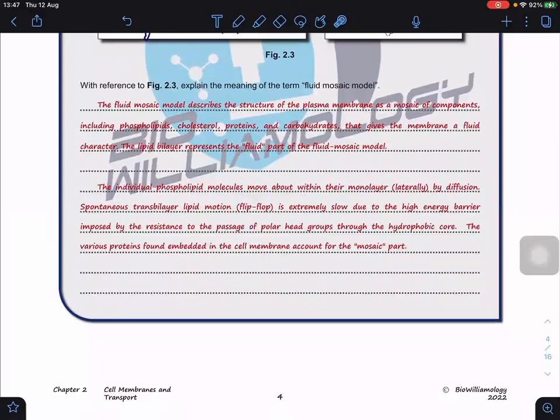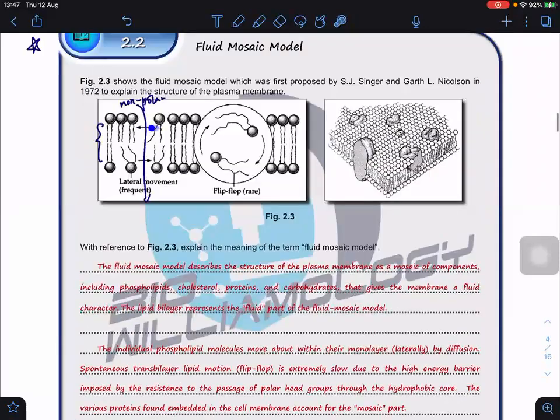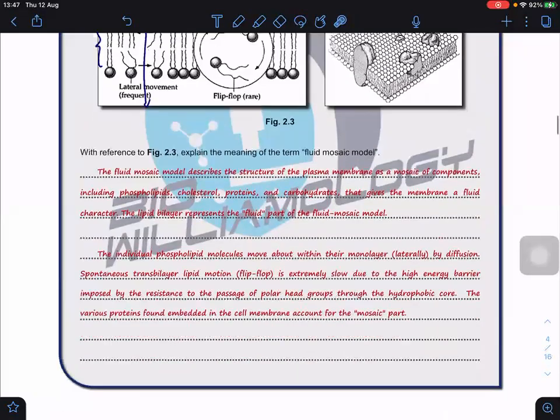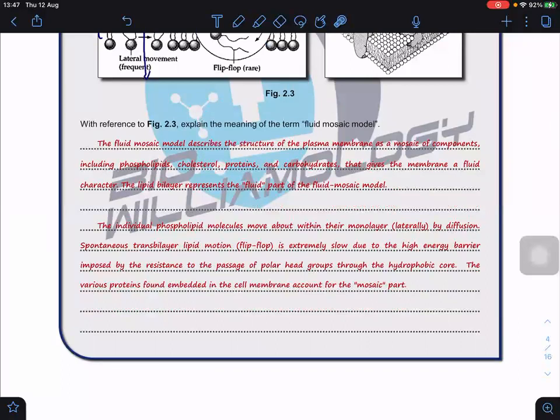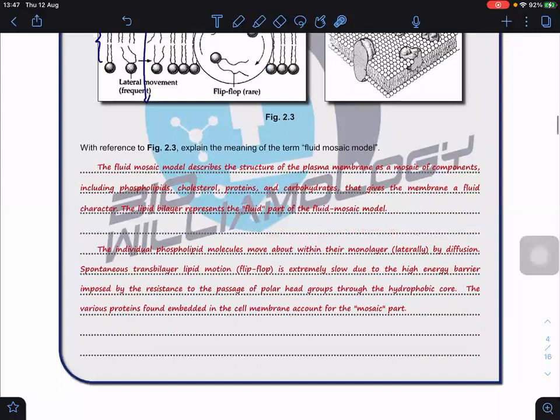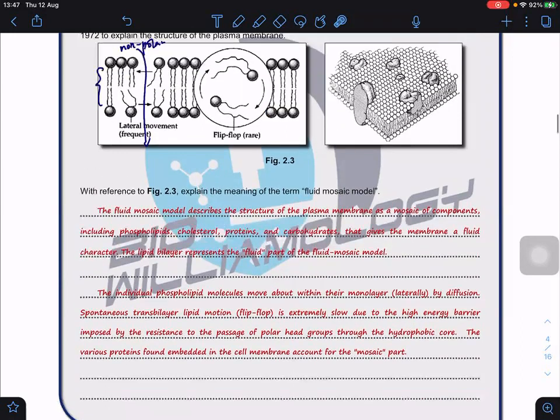The individual phospholipid molecules can move about within their monolayer laterally, left and right, vibrating by diffusion. A spontaneous transmembrane lipid motion, or flip-flop, is extremely slow and rare because high kinetic energy is needed for them to move from one monolayer to another.